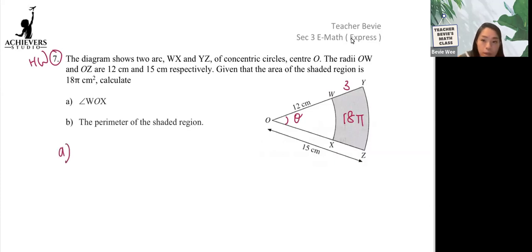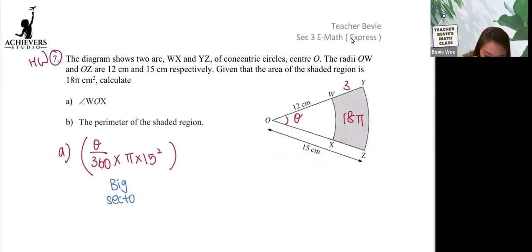So now I'm going to form an equation. Big one first: theta over 360 times pi r squared. This is the big sector. Minus the same theta over 360 again times pi r squared.